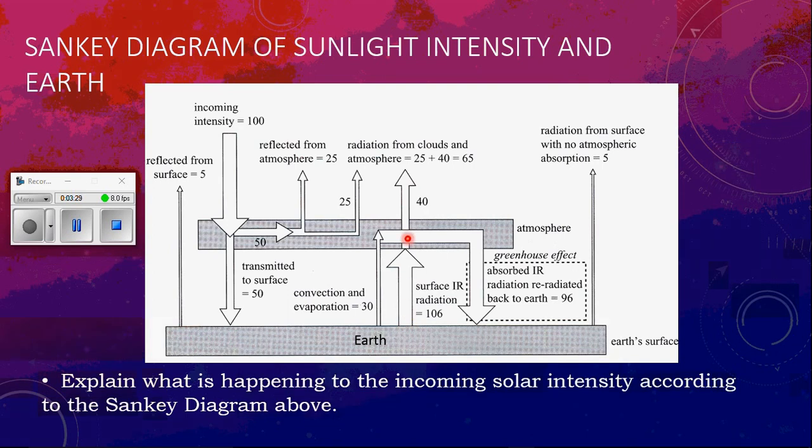And as it hits our atmosphere, the carbon dioxide, water molecules, and other greenhouse gases present in our atmosphere also absorb that electromagnetic energy and re-emit it in all directions, including back to the surface of the Earth. And then we have this cycle that continues on and on again.